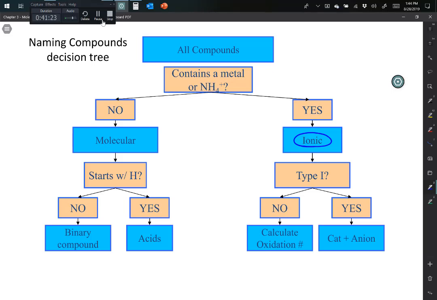This is actually the decision tree, like how you decide how you're going to name it. If it has an ion in it, then it's ionic, and you look at type 1 or type 2. If it doesn't have a metal or an ion in it, then it's molecular, and then you'll either name it as a binary, like down here, or as an acid, like we just did just now. Hydrates are some weird thing that's kind of in between.